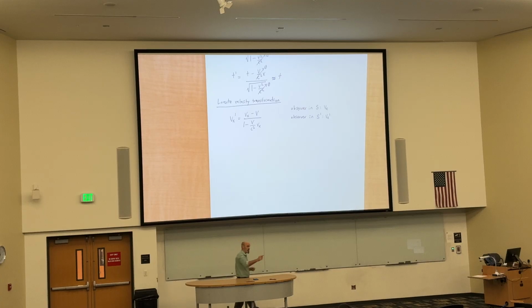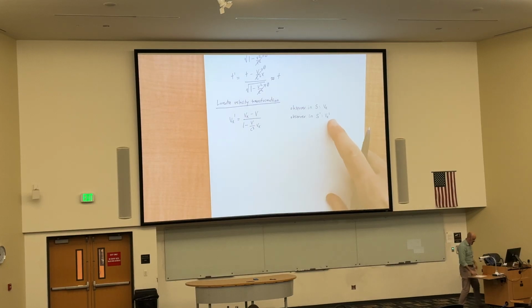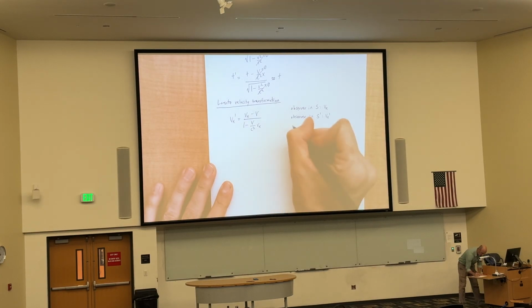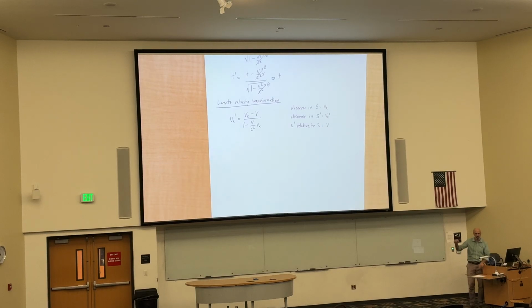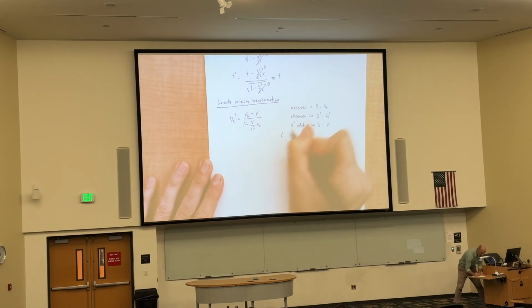Okay? So you're in one reference frame, you see the fly moving at vx. I'm in another reference frame, I see the fly moving at vx prime based on how I'm moving relative to you, which is S prime relative to S is v. So that's the speed at which I'm moving across the room. Okay? Hopefully we've kept track of everything.